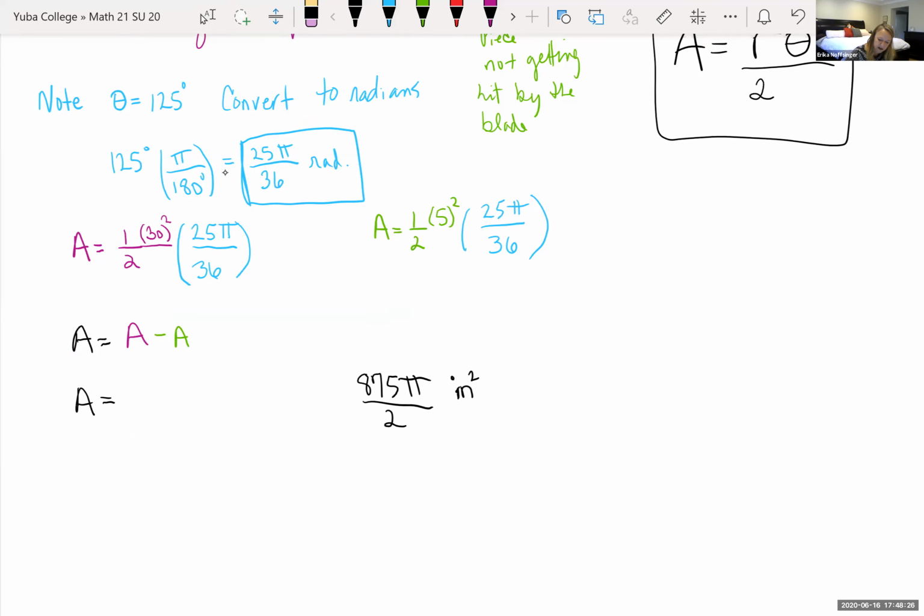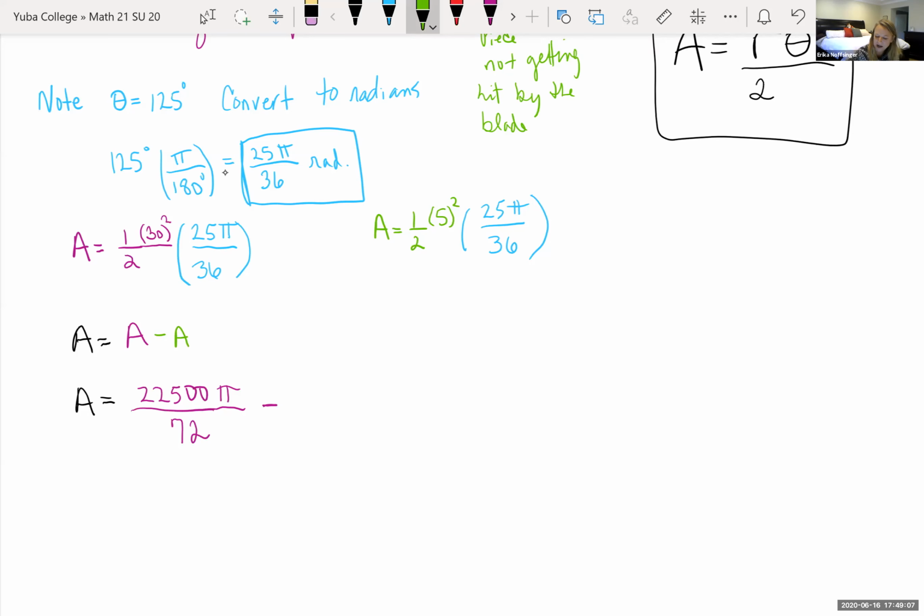Okay. So 30 squared is 900. 900 times 25 is 22,500. And this is 2 times 36. Oops, and we still have a pi. And 2 times 36 is 72. So then minus this piece.